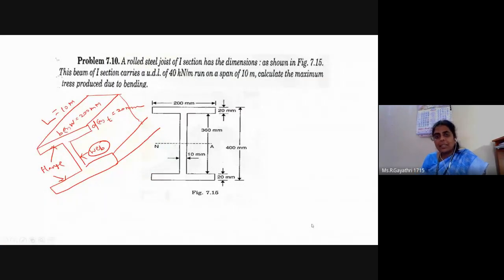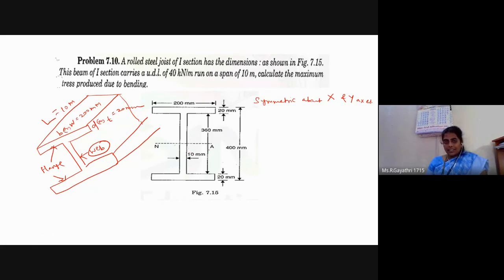This is a symmetrical section, symmetric about X and Y axis. If you cut it about this neutral axis, you can see the same image in the upper and lower portion.